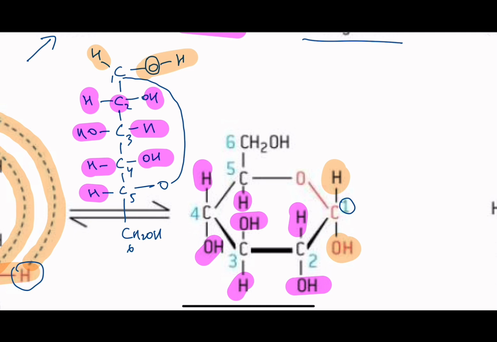And then this guy is left outside, so I put it up here, and then the other bond goes to oxygen. You see, it's oxygen, now it's connected everything together.